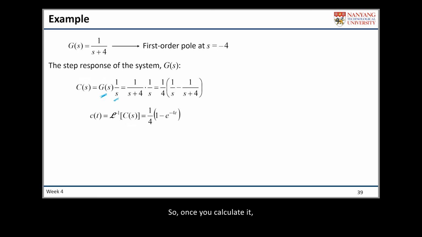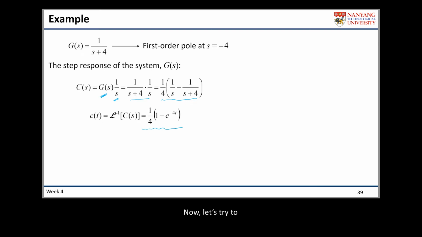Once you calculate it, you will get this form, and then we do partial fraction expansion, and you will get this form. After that, you can refer to the Laplace table and transform the response back to the time domain. You can check it by yourself.